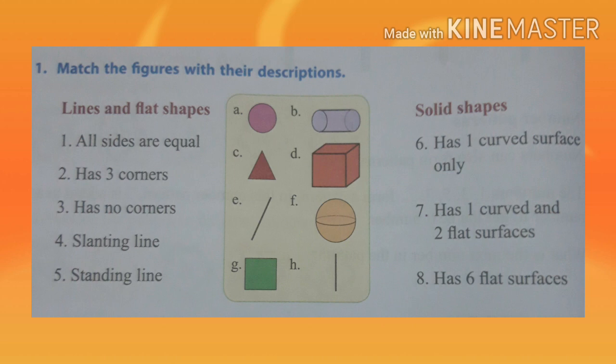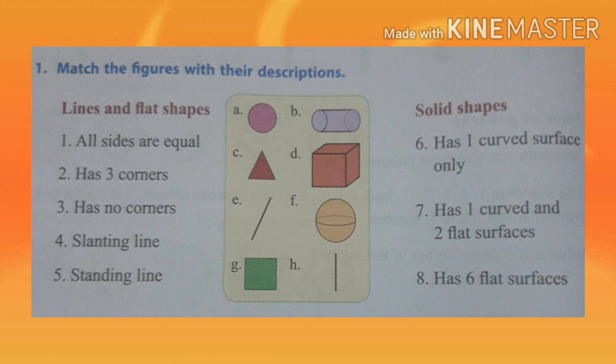Which shape has 3 corners? Triangle. Has no corners. Circle has no corners. Slanting line. Yes, you can see slanting line here. Then standing line. It is also given in this box. So match it with the standing line.